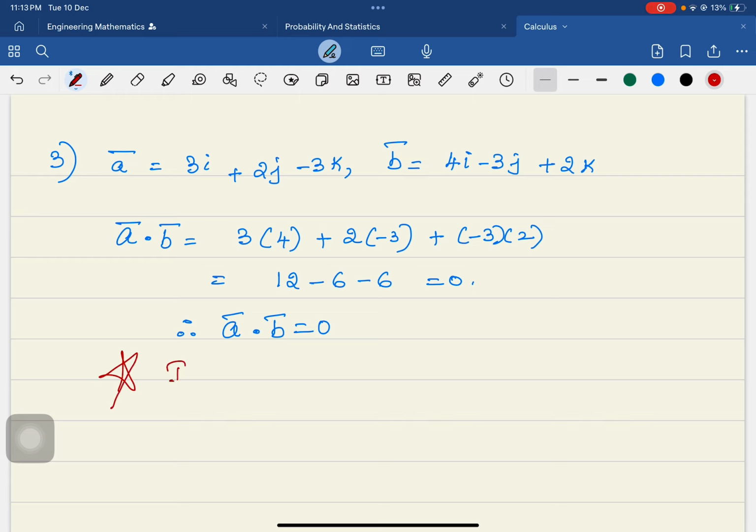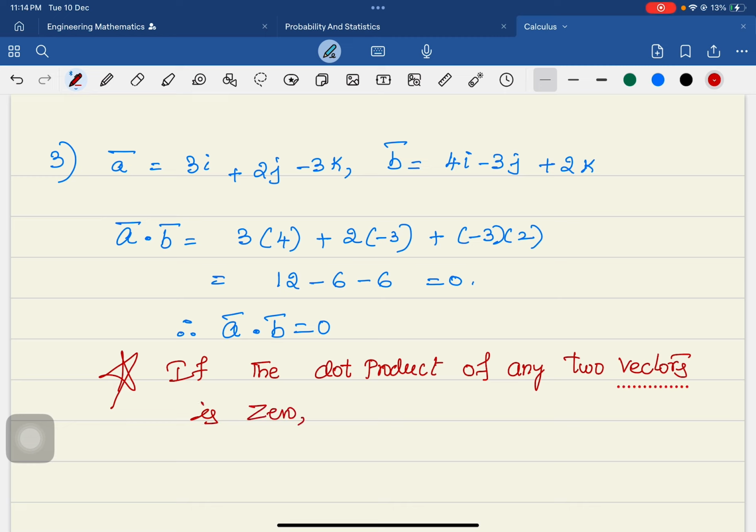If the dot product of any two vectors is 0, then A is perpendicular to B. Whenever the dot product of two vectors is 0, you can say that the angle between them is 90 degrees.